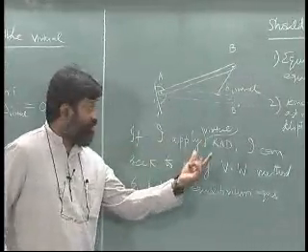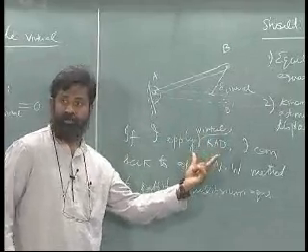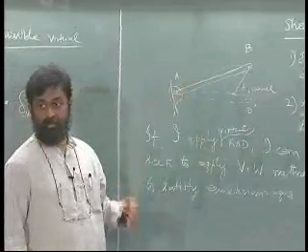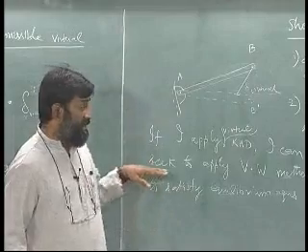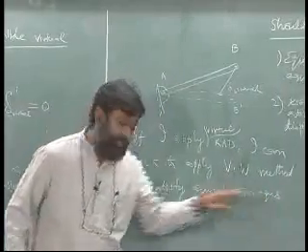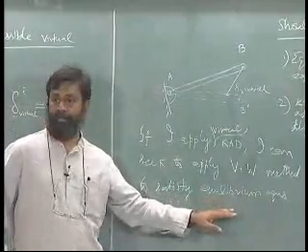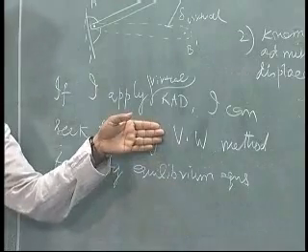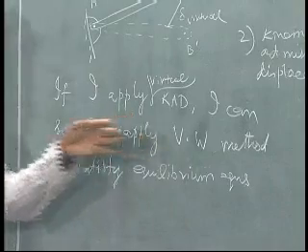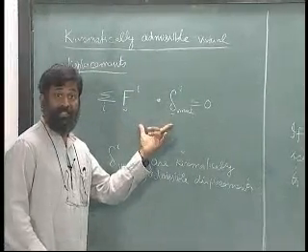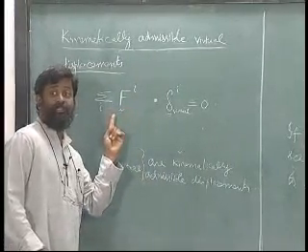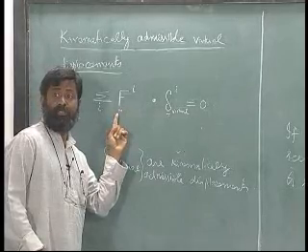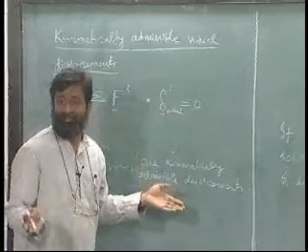Supposing I start with kinematically admissible virtual displacements for a particular system, then I can seek to apply the virtual work method, which is nothing but satisfying equilibrium equations. If I satisfy the virtual work equation, it also means the forces that I use here are equilibrated.